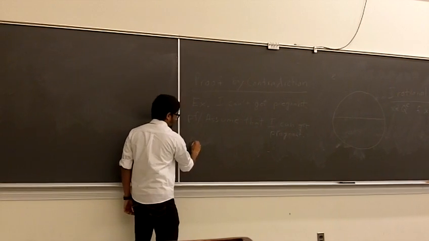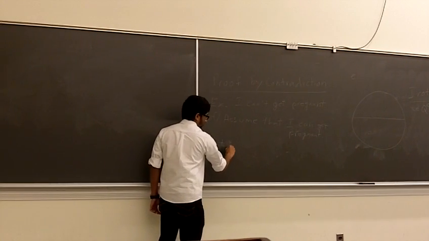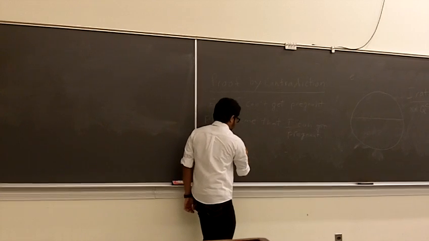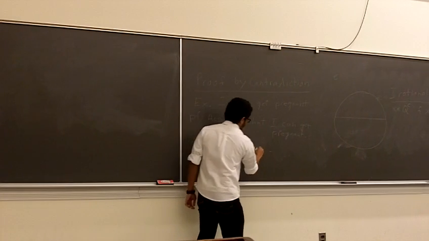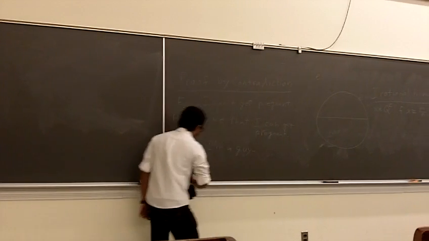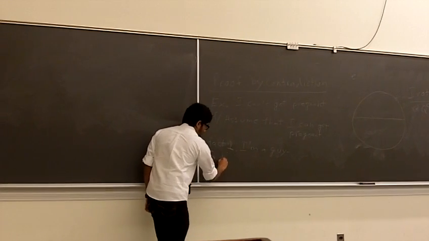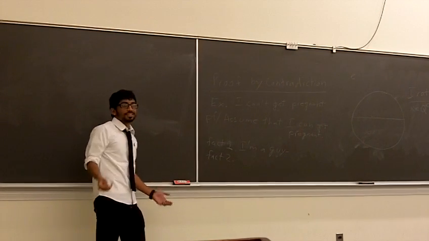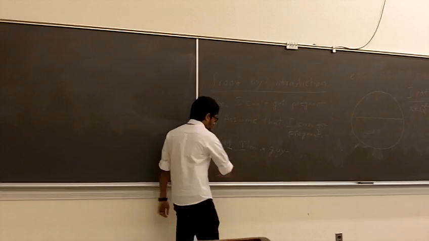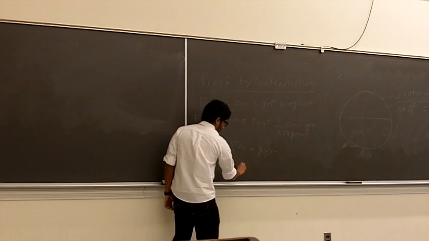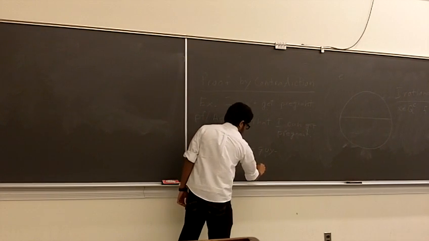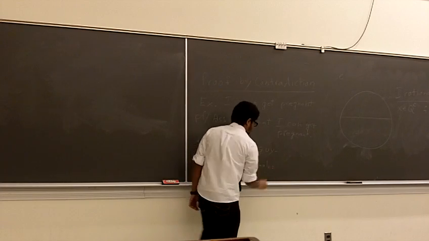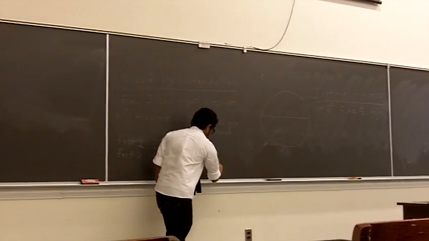So let's say fact 1: I'm a guy. And fact 2, we can say that only girls can get pregnant. So let's write that down: only females can become pregnant.